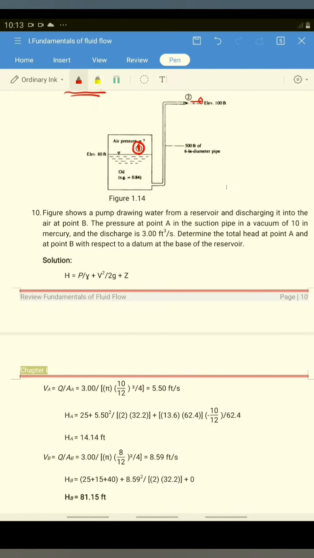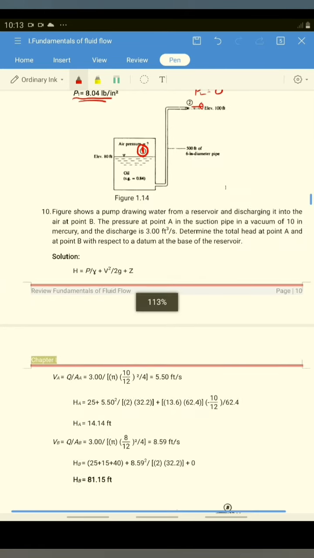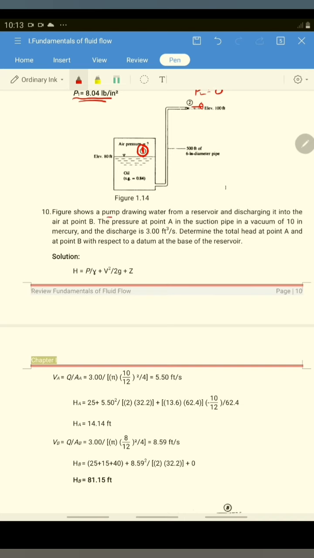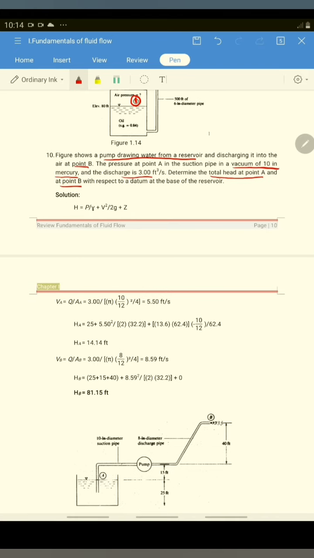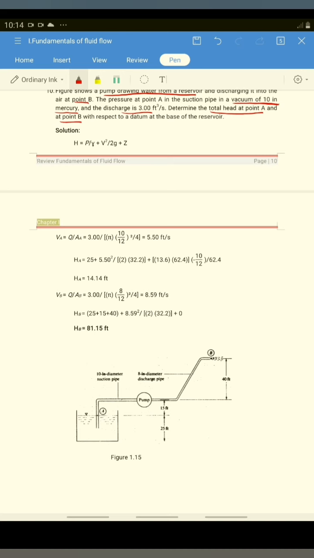For number 10, from the figure, a pump draws water from a reservoir. It discharges into the air at point B. The pressure at point E in the suction pipe is a vacuum of 10 inches of mercury, and the discharge is 3 cubic feet per second. We are going to determine the total head at point A and at point B with respect to the datum at the base of the reservoir.